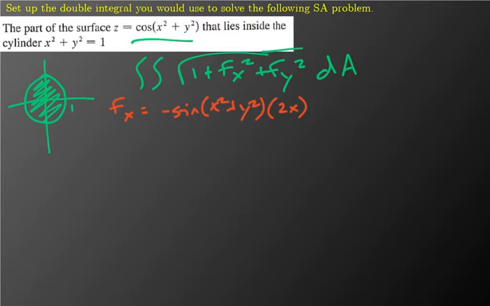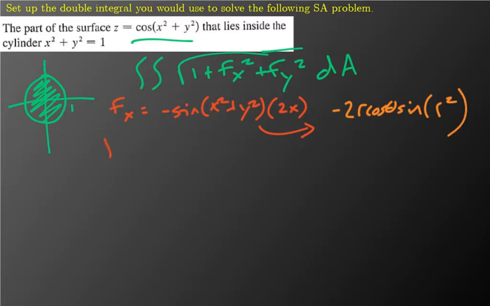I'm going to bring this in front too. So x is r cosine theta, so I'm going to have negative 2r cosine theta, and then sine of r squared. That would be the same thing in polar.